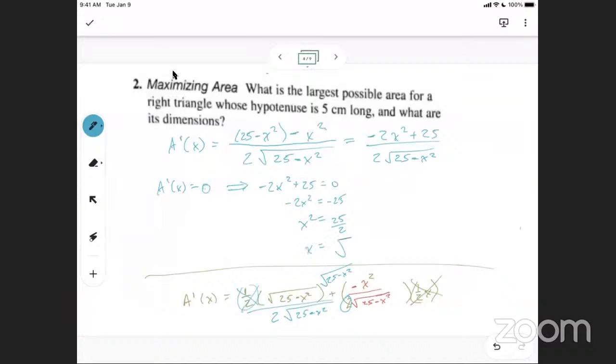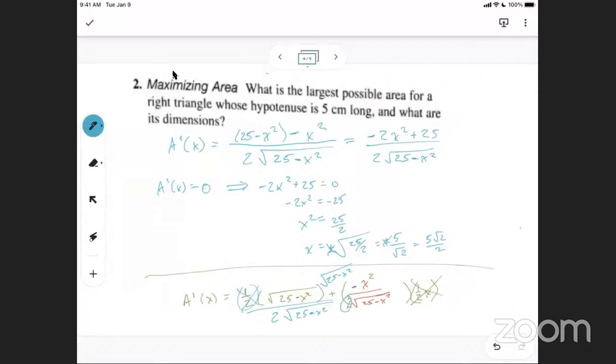Technically it's plus or minus the square root of 25/2, so that's 5 over root 2, which is 5 root 2 over 2. And again, I can ignore the negative because I'm talking about an area, which is a positive number, not a negative number.